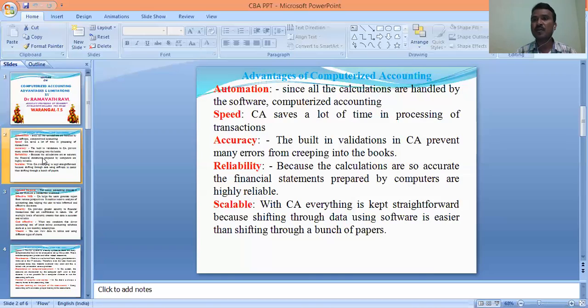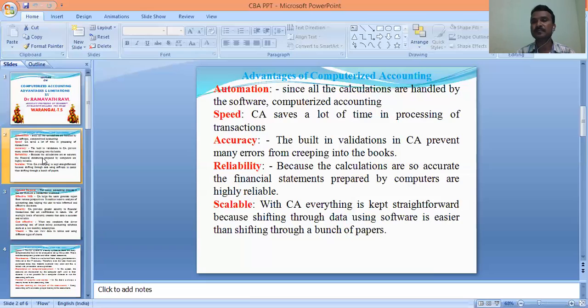Because all the calculations are accurate, the financial statements prepared with the help of computer software indicate highly accurate data. When high accuracy is provided by computerized accounting, it gives effective reliability of the data. That is one of the advantages.